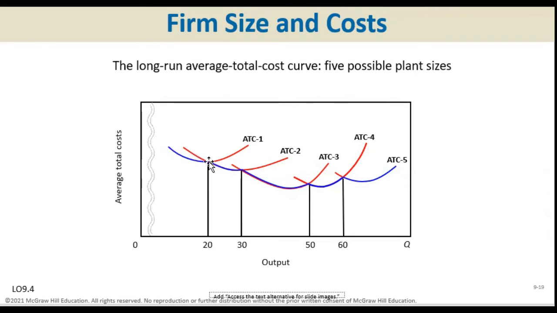Once you get to this level, you exhaust all your capacity. Producing more using the same plant, for instance plant one, the cost is going to start rising. So at this point, you need to make a decision, right? In the long run, you make a decision to adjust your plant size, to be able to adapt it to the new reality.